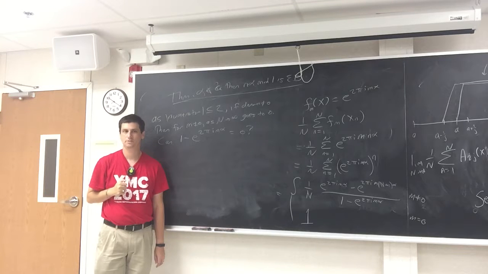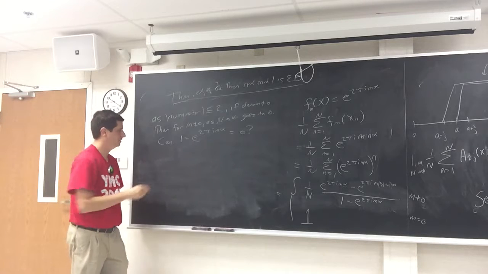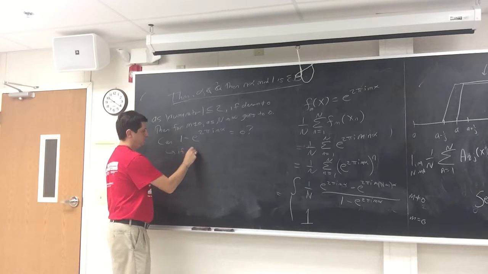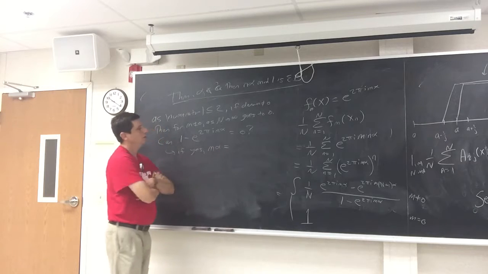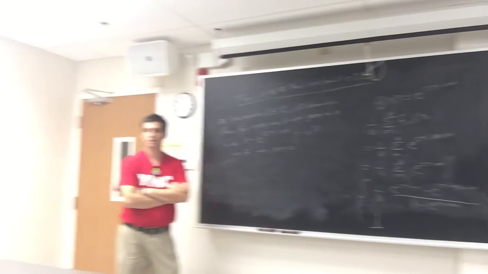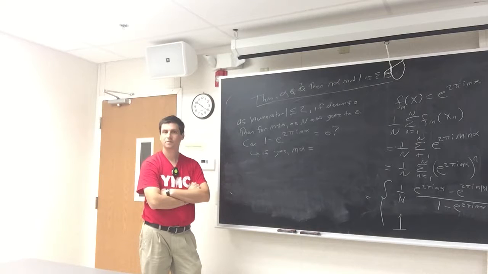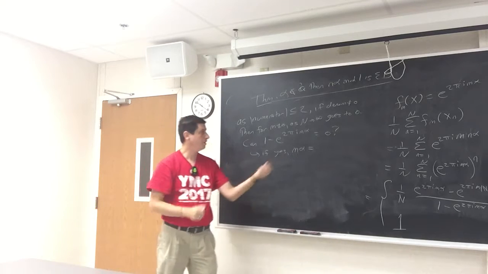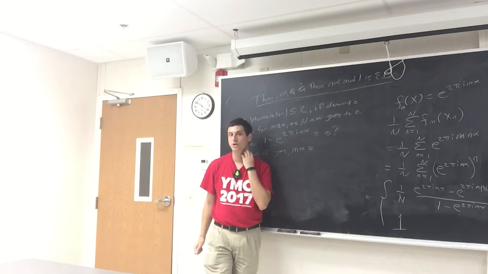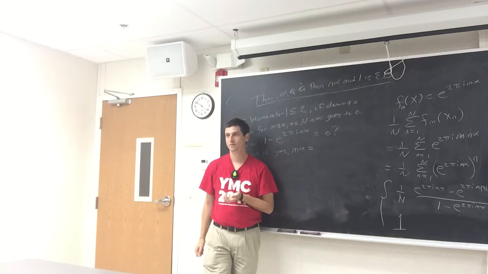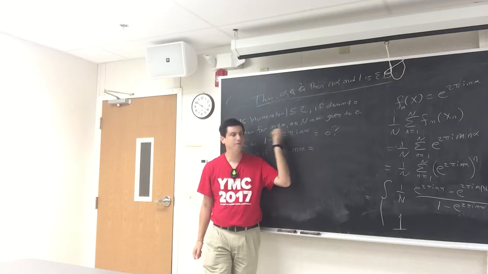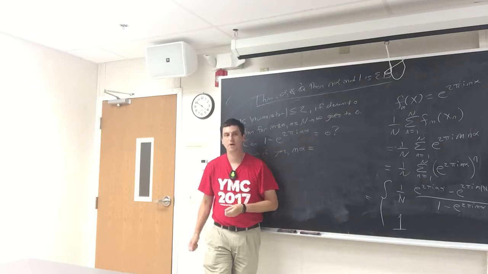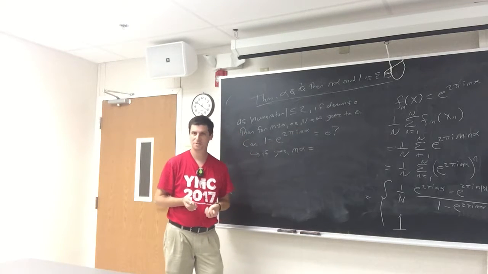Could that equal 0? What would have to be true about m alpha? Okay, m alpha could be 0. So if m alpha was 0, then it would work. What else could m alpha be? When else will e to the 2 pi i m alpha equal 1? m alpha equals 0. What else?